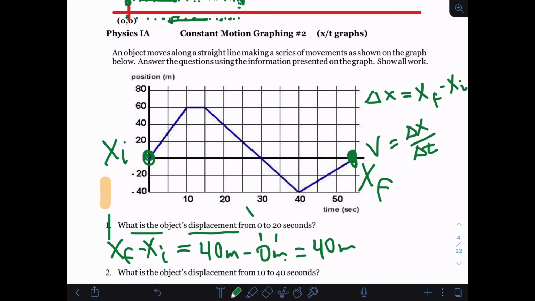Well, guess what? We're back at our starting point because we're back on 0, so there's no displacement there. So we move back and forth, and we ended up back where we started. So notice two different answers. Entire motion gives you a displacement, a change in location of 0, but you went back and forth the sum total of 200 meters as you did that.